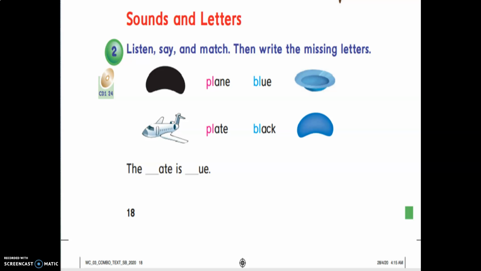B says bed. BL says blue. BL says black. The plate is blue.